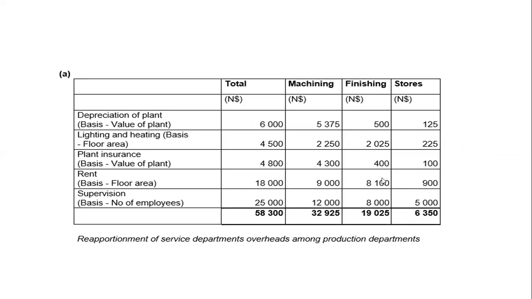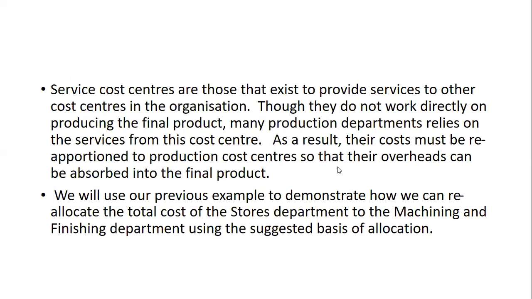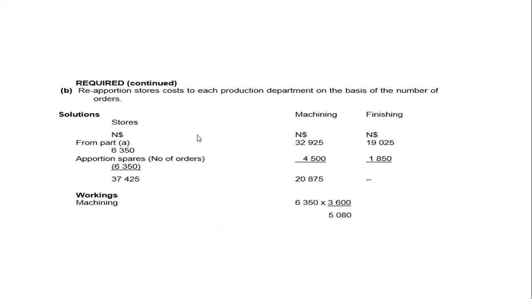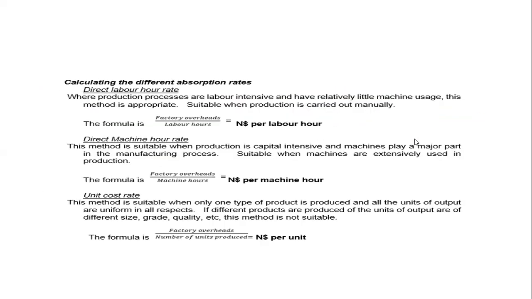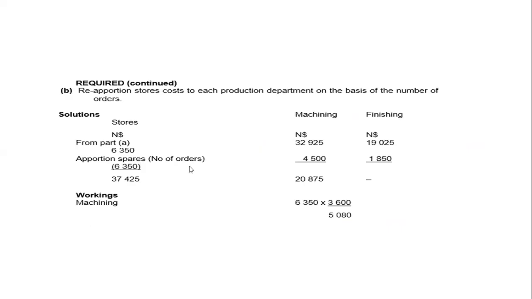Now, after apportioning to different departments, including the service department, what we then have to do is to reapportion the service department overheads to the production departments, so that the service department overheads can be absorbed into the final product. Now, how do we reapportion?